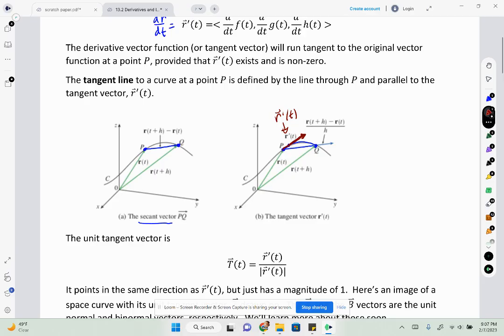Now, a derivative vector, r prime of t, has magnitude.